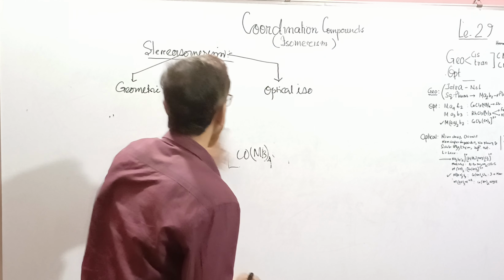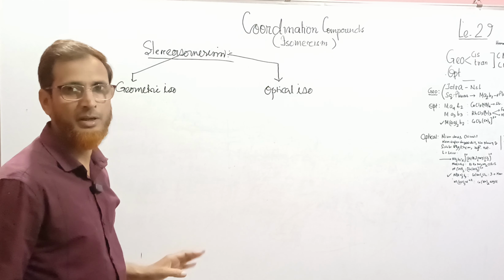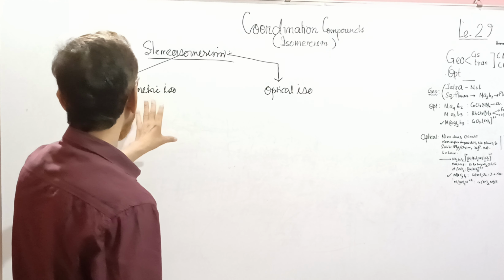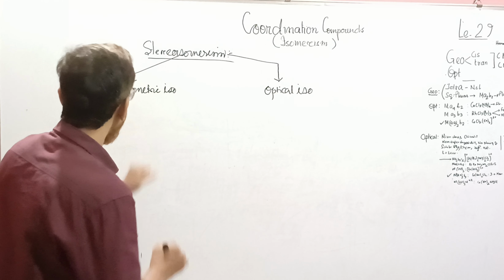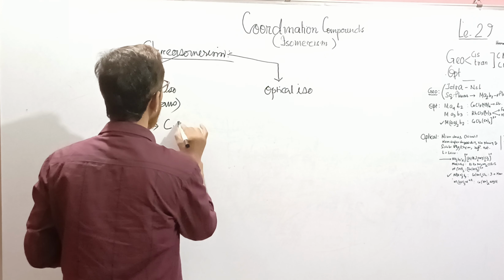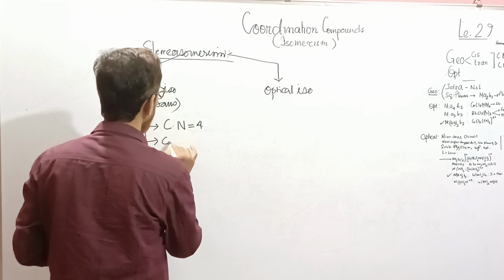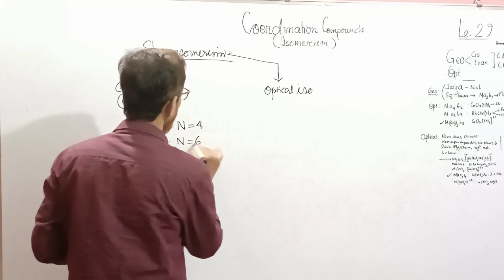Now let me come to my topic, geometrical isomerism and optical isomerism. Geometrical isomerism generally gives cis and trans types, and these types are given by coordination number 4 and coordination number 6.